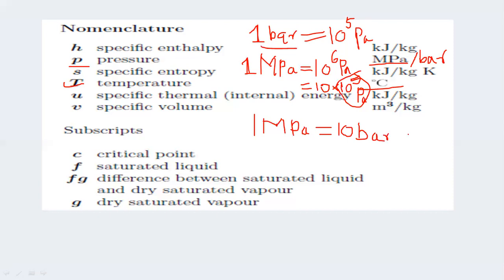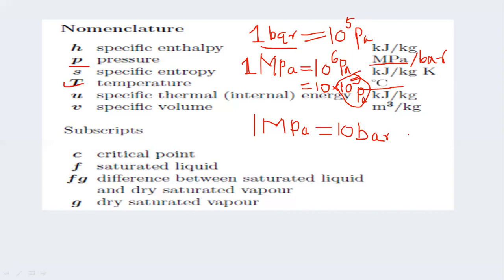In some steam tables, the pressure values are written in terms of megapascal, and in some in terms of bar. Many times when the question is given in the examination, the pressure value will mostly be given in bar itself. The important thing is you should check whether the pressure values given to you are in megapascal or bar.